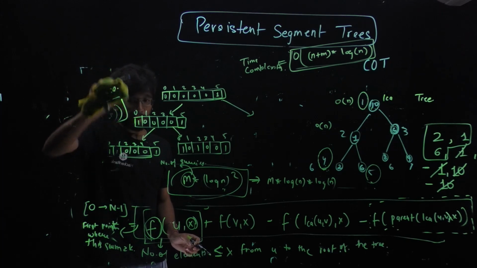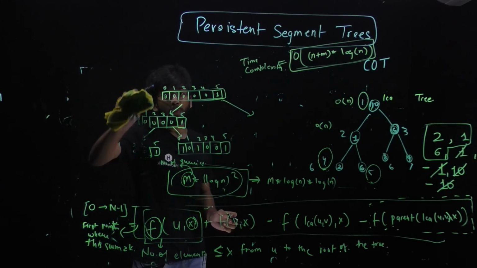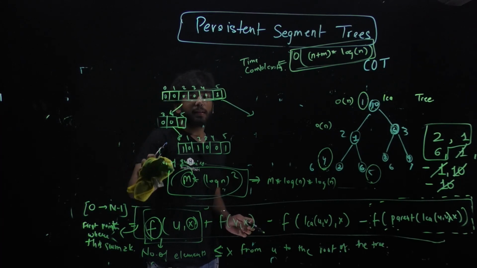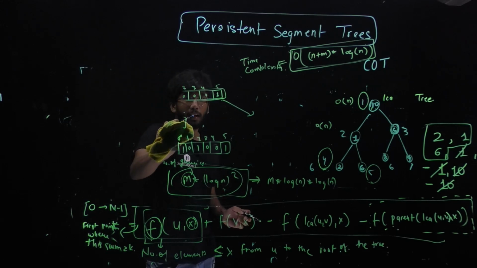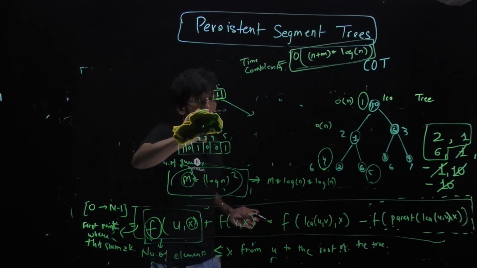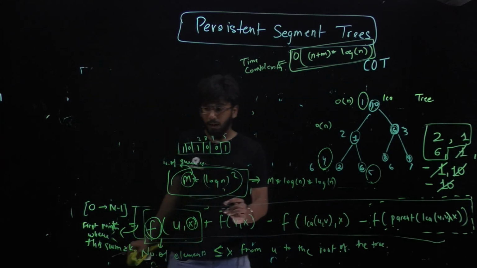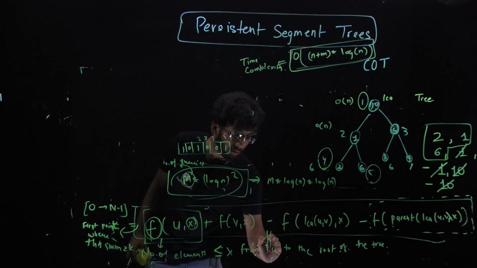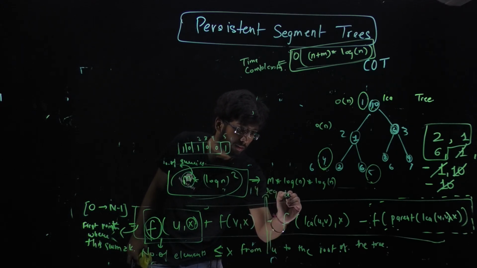Am I making things clear for you? Because each node has a segment tree. Now we can always consider in this case that each node has its own segment tree, even though it just has log n nodes because of the thing I told you earlier. So these are actually 4 segment trees.